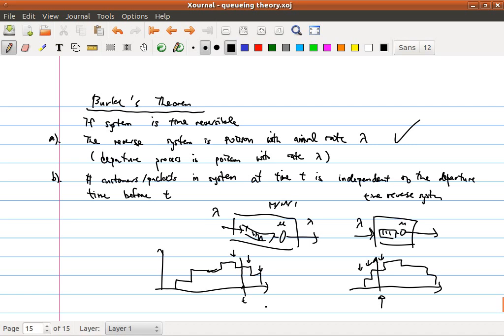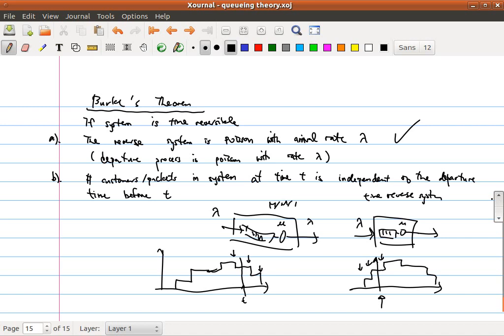So therefore, it doesn't look like the departure times before t should be independent of the number of packets at time t. But of course, another way to think of that is, wait a minute, maybe before that there were a lot of packets in the system already. Maybe some are leaving the system, but there are still a lot of them. So therefore you can't really tell. So probably that will be an argument why this is independent also.